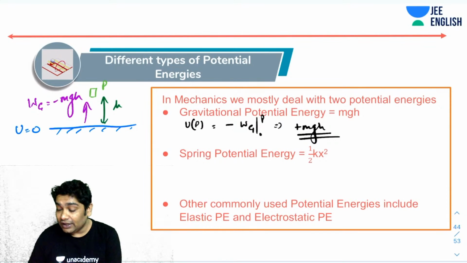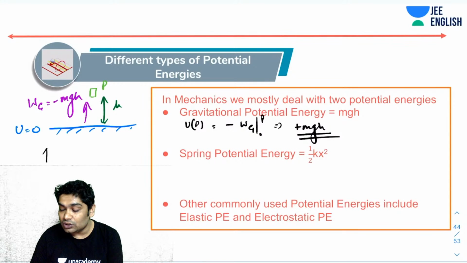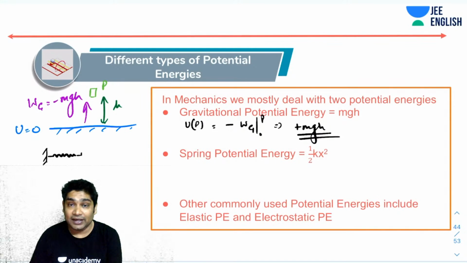Similarly, in case of a spring, we choose U equals 0 at the relaxed length. If the spring is relaxed, then you choose U as 0 if this is at its relaxed length L naught.